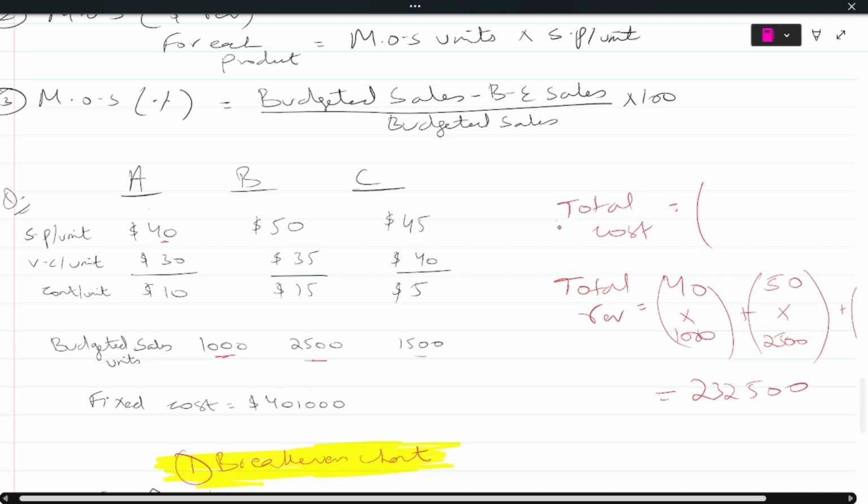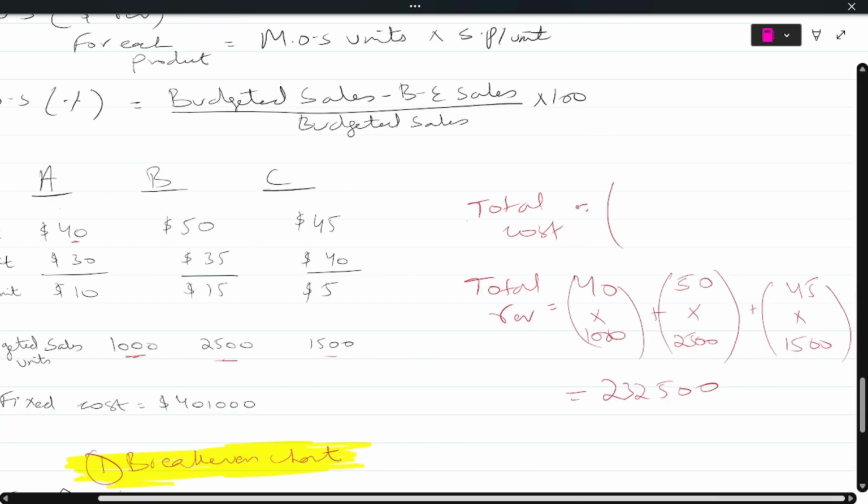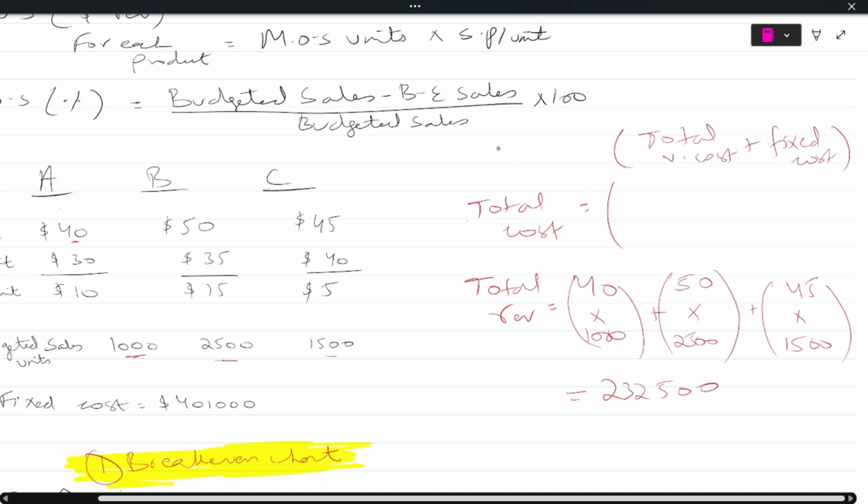First of all, we are going to calculate the total variable cost. Right? And then we are going to add into it the fixed cost. That is how we are going to get a total cost, right? So it is going to be a total variable cost plus the fixed cost, right? That is how you're going to get your total cost, correct?